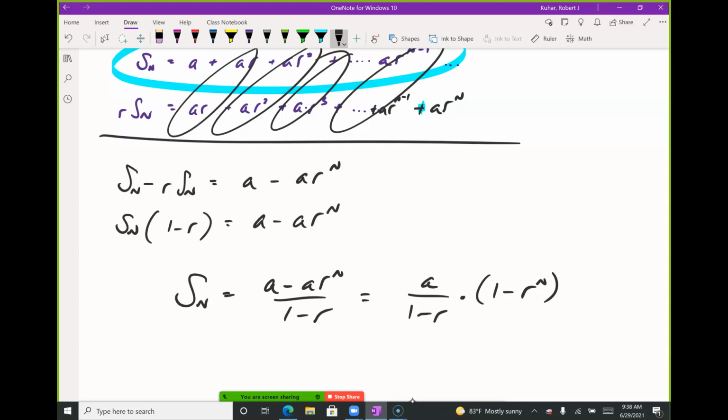And now what do I want to happen? Once I've got my term for my nth partial sum, what do I want to do? I want to see what happens at my limit, right?